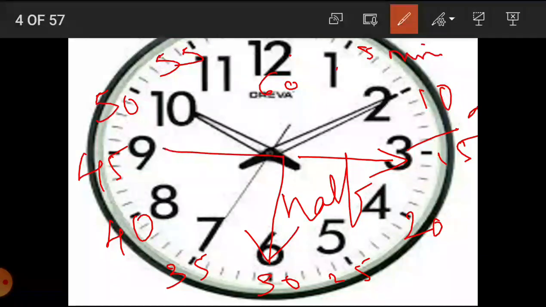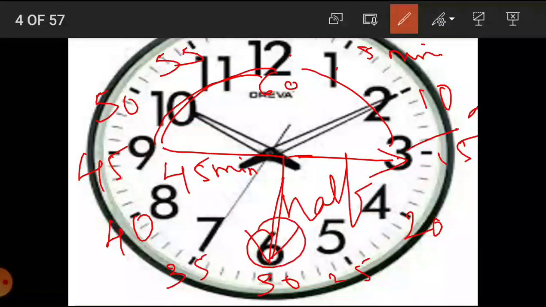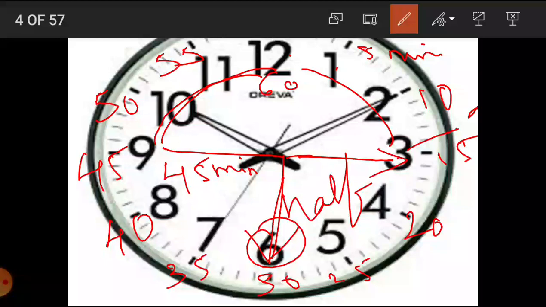And when the minute hand is at 9, it is 45 minutes past, or you can say it is quarter to, because after 15 minutes 1 hour is going to complete. So if it is 45 minutes you can say it's quarter to. If it is at 3 you can say it is quarter past, and if it is at 6 you can say it is half past.